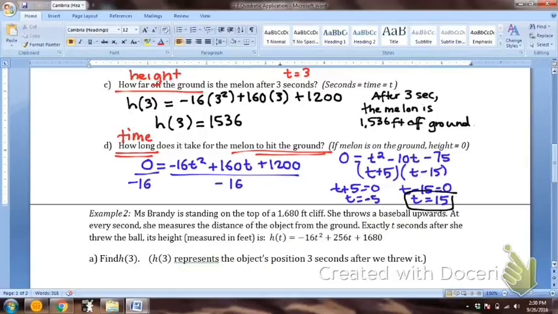Perfect. It takes 15 seconds for the melon to hit the ground. That's what you're going to write, and I'll write it too. It takes 15 seconds for the melon to hit the ground.